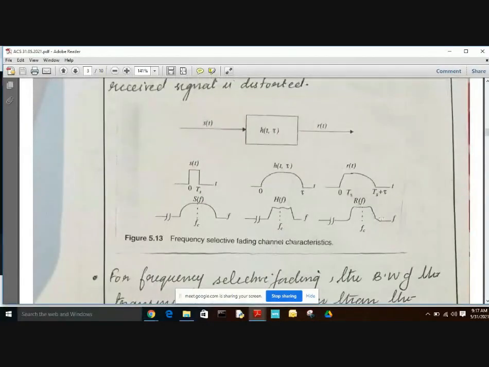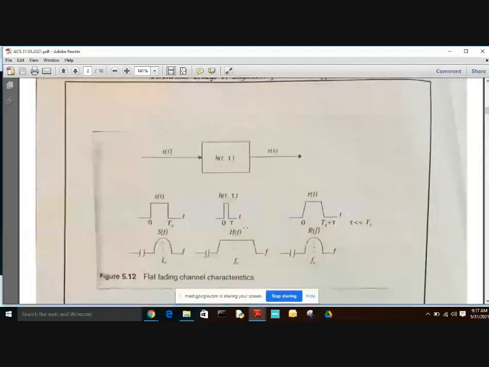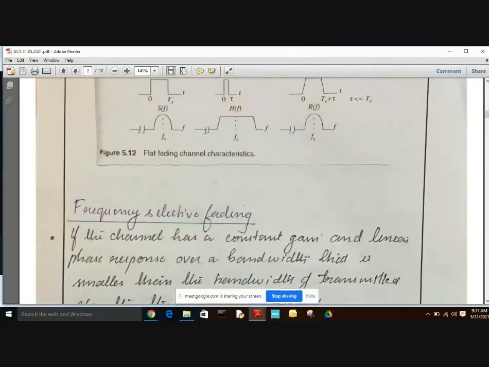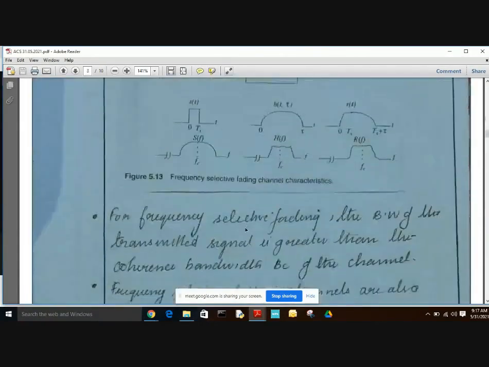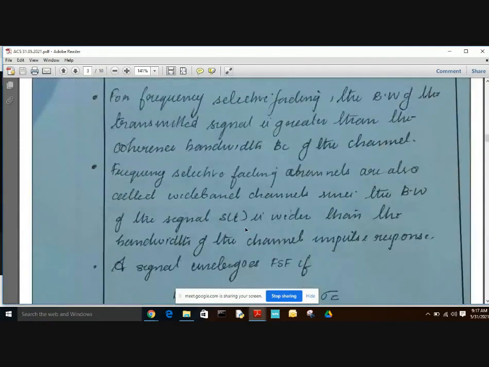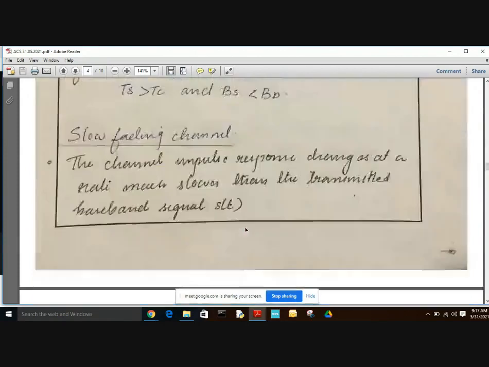Here in frequency selective fading, comparing S of F and R of F, R of F is different from S of F. In flat fading, R of F is similar or identical to S of F, as all the frequency components undergo equal fading. So frequency selective fading is a deeper fading compared to flat fading.